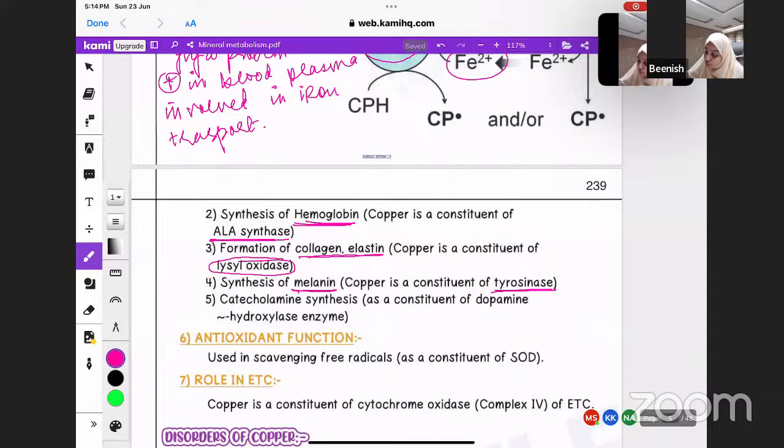And then copper is also an important constituent of dopamine hydroxylase, which is involved in catecholamine synthesis.